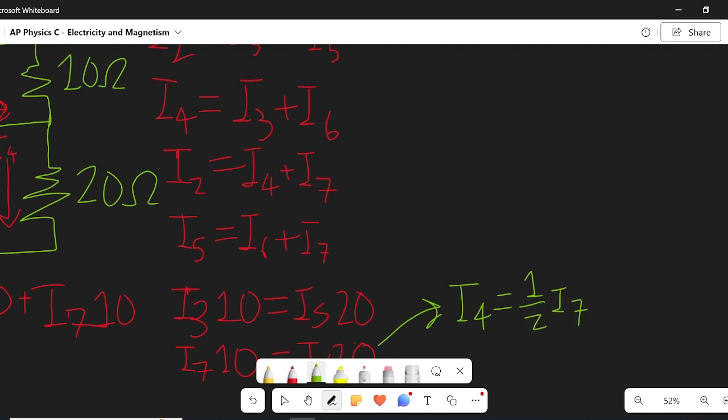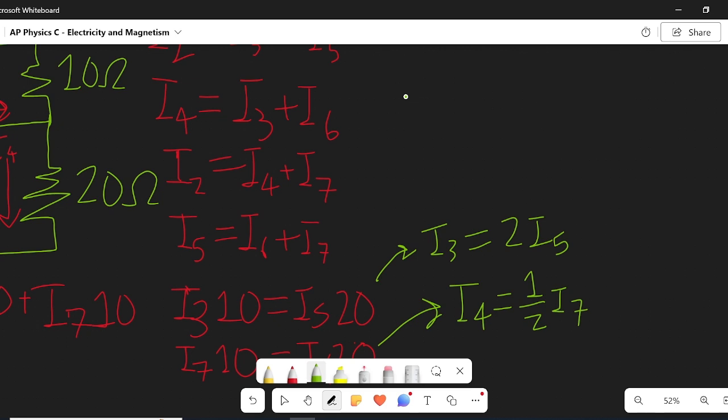And solving this equation, we get that I3 equals 2 times I5.